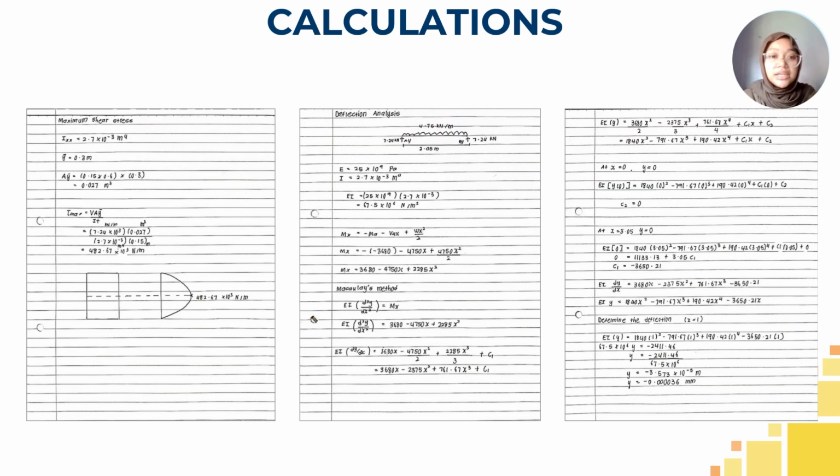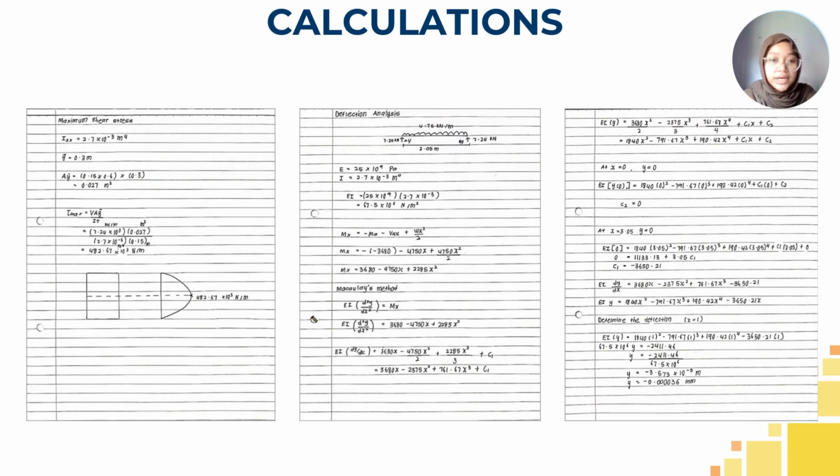So, hasil dapatan dia adalah C1 sama dengan negatif 3650.21. Okey, untuk equation EI dy per dx, hasil equationnya adalah 3680x tolak dengan 2375x kuasa 2 tambah dengan 761.67x kuasa 3 tolakkan dengan 3650.21.